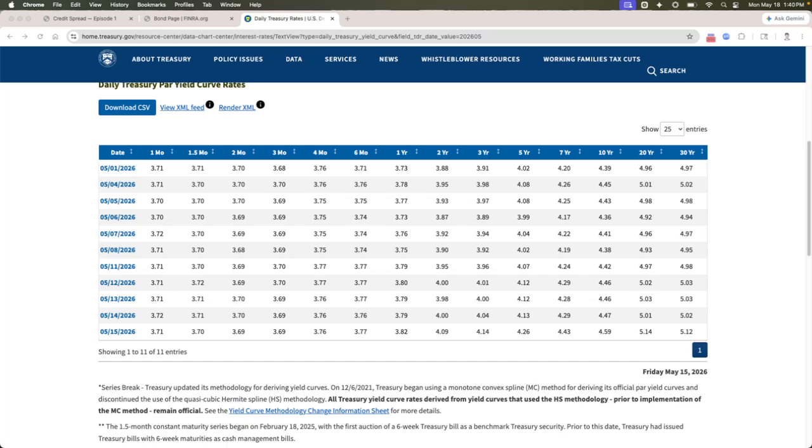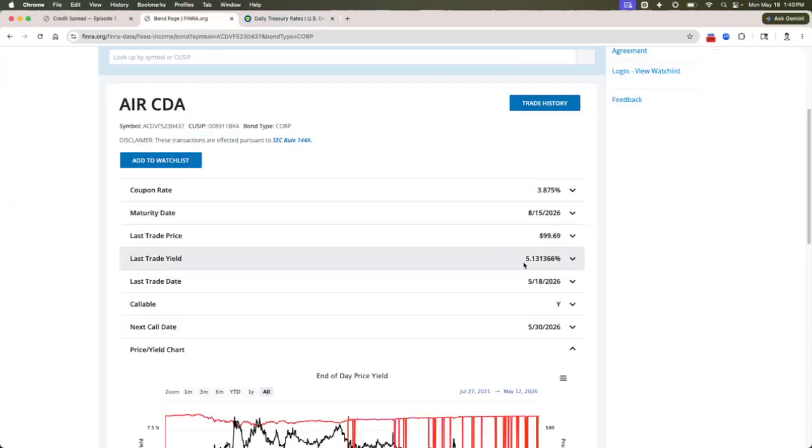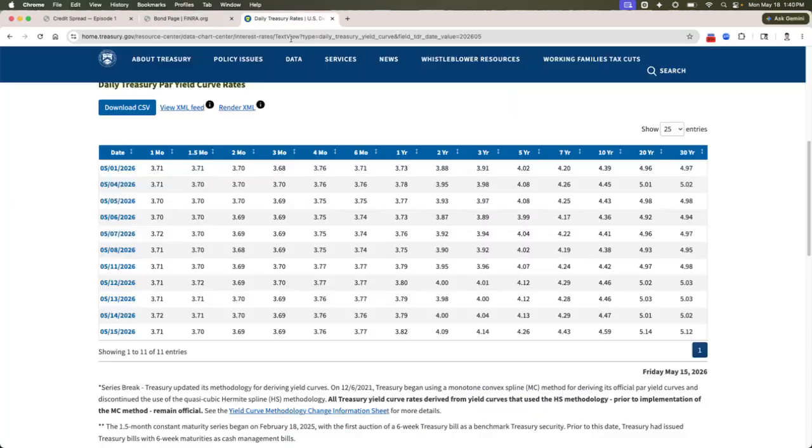So our question is, what explains the delta between these two numbers, 5.13 that you saw in the FINRA screen and the treasury rate 3.68, which is roughly around 145 basis point difference. We won't use this data for a simple reason that computing the real delta is harder than we think.